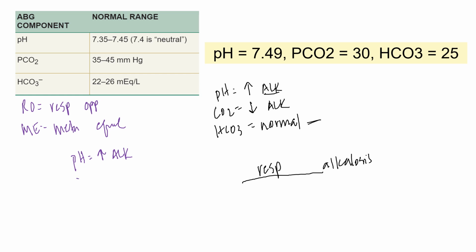Then we have our CO2, which is decreased, and then our HCO3 is normal. So these arrows are opposites. So we have respiratory alkalosis. Again, if this works for you, you can use the ROME method. If not, you can do it the longer normal version.